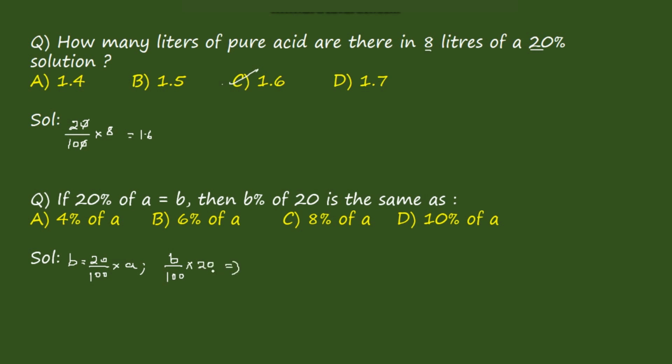But we know that B is 20 by 100 into A. It becomes 20 by 100 into A into 1 by 100 into 20. The zeros get cancelled, it becomes 4 by 100 into A, which is 4 percentage of A. So the answer is option A. B percent of 20 is 4% of A.